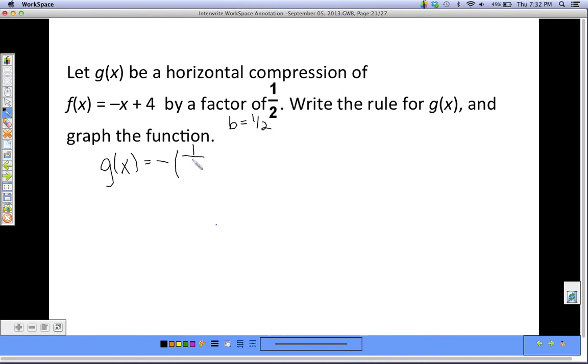So we have 1 over 1/2, we'll simplify that here in a second, times our x plus 4. Well, 1 over 1/2 is like saying 1 divided by 1/2, which is the same as saying 1 times 2 over 1. So it's equal to 2. So then g of x is equal to negative 2x plus 4.